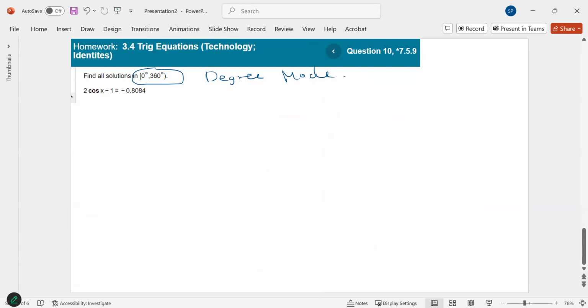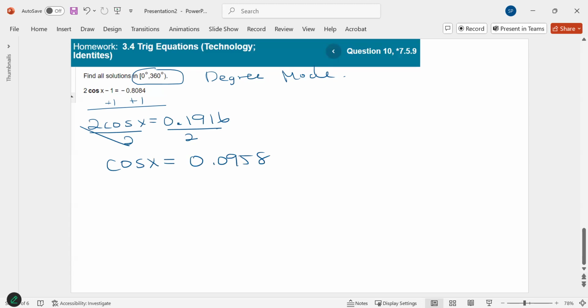And so let's solve for cosine x. We can add 1 to both sides, and that'll be 2 cosine of x is equal to 0.1916. Then we'll divide both sides by 2. We get cosine of x is equal to 0.0958.